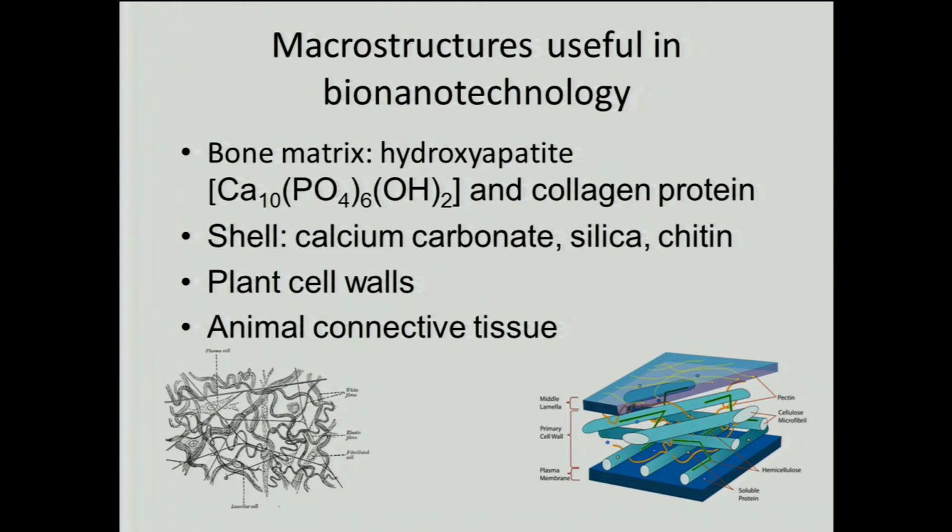Not only the human body but any vertebrate body has the interface between bone and skin. So how do these cells work? That is what we are trying to replicate in nanotechnology. So we look at what is happening in the cell wall: there is the middle lamella, the primary cell walls, and then the plasma membrane.